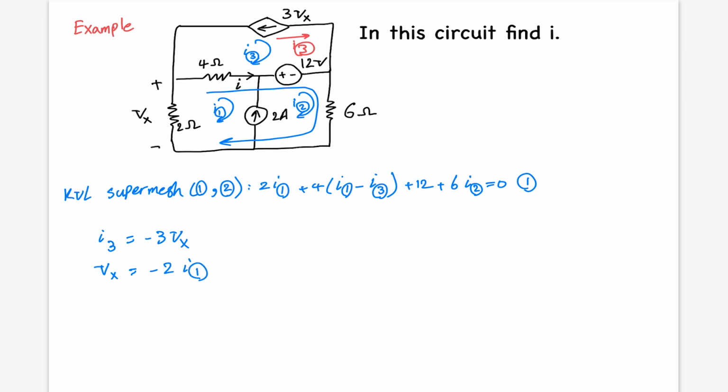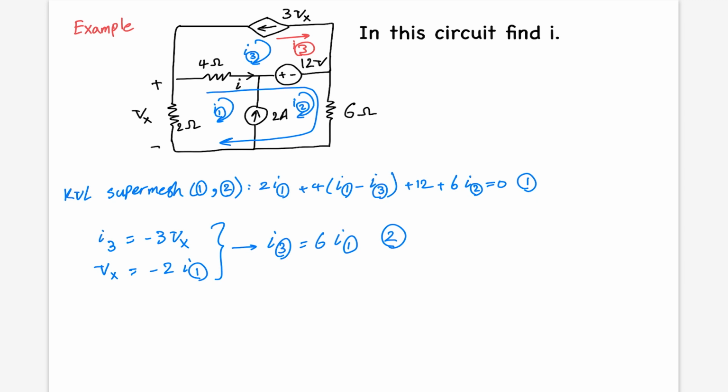Okay. From here, we can say I3 is equal to 6I1. This is another useful equation. This is the second one.